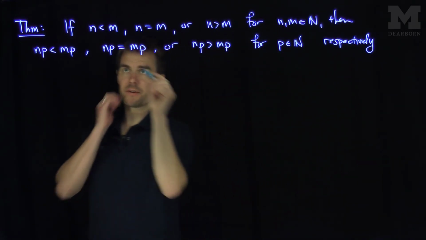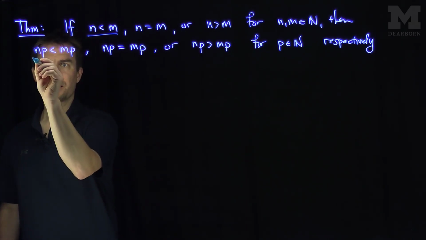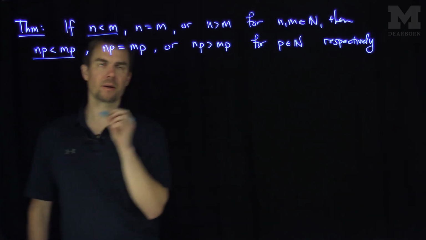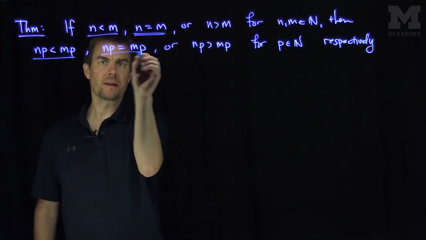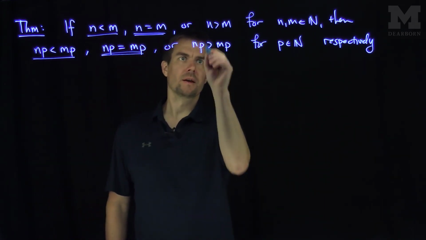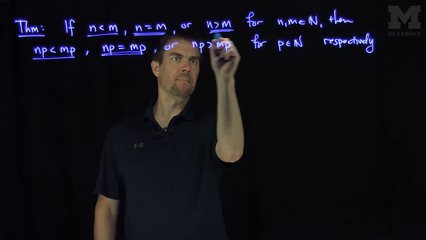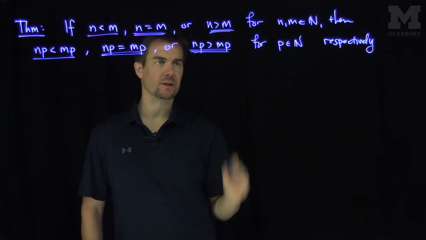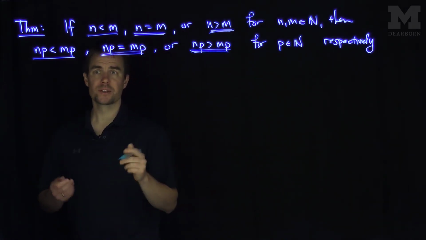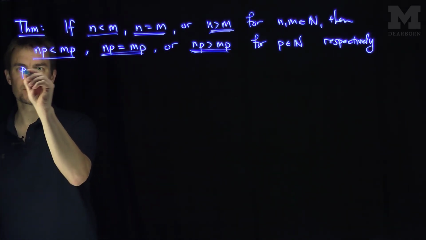What that means is that if n is less than m, then n times p is less than m times p. If n is equal to m, then n times p is equal to m times p. And if n is bigger than m, then n times p is bigger than m times p, right?